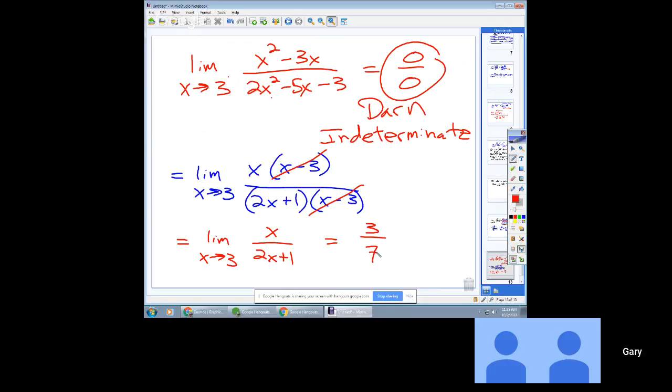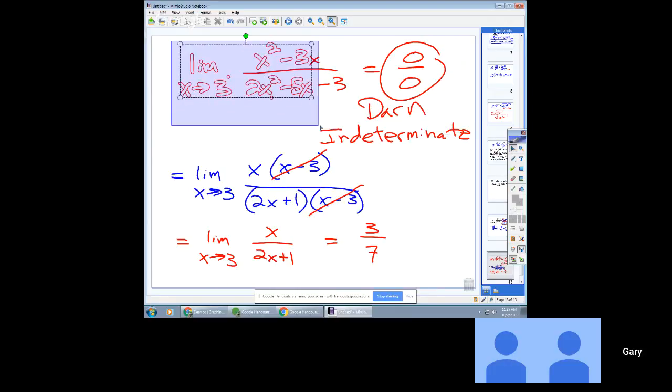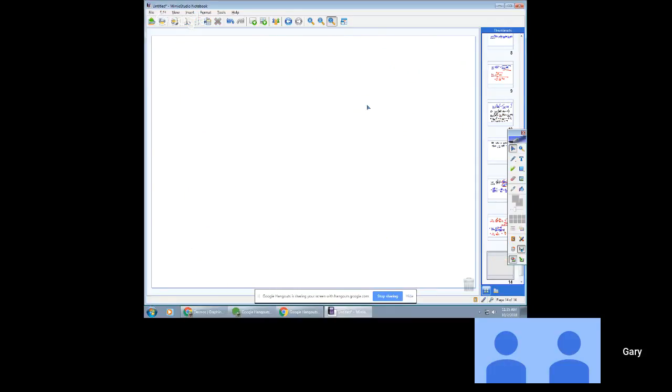How do you do the factoring? I guessed. So I'll just slow down and do my guessing again. Copy that into another screen. In the numerator, I just noticed a common factor of x.